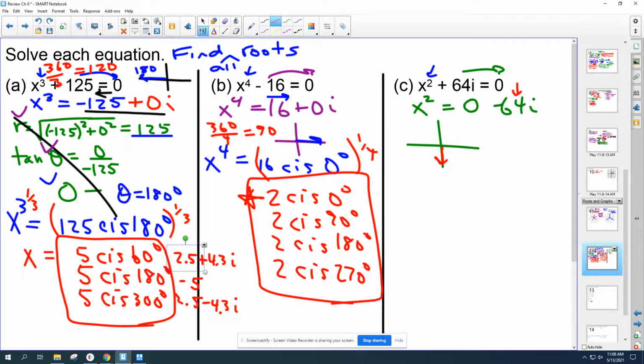We're going down 64, and so all we need is a magnitude and a direction. That's 64 cis 270. We like polar because polar is going to be easier to do. X squared equals 64 cis 270.